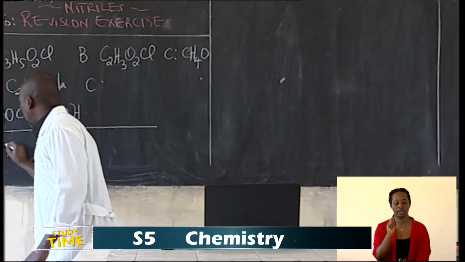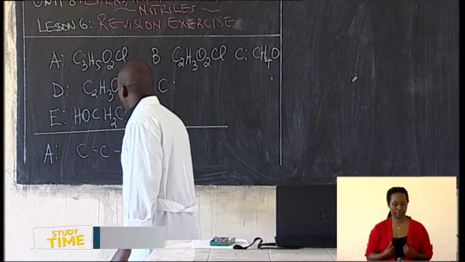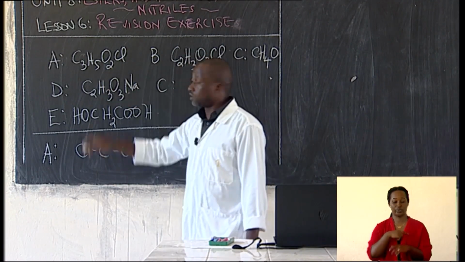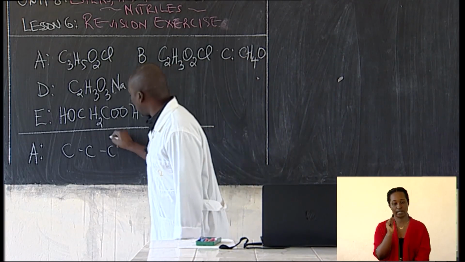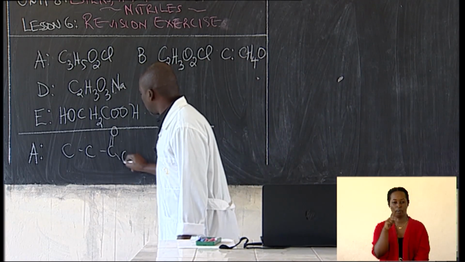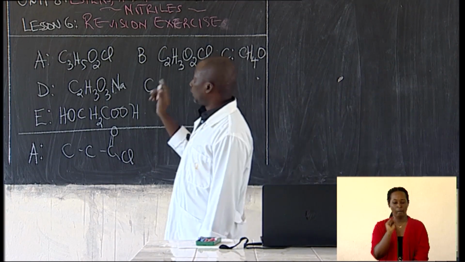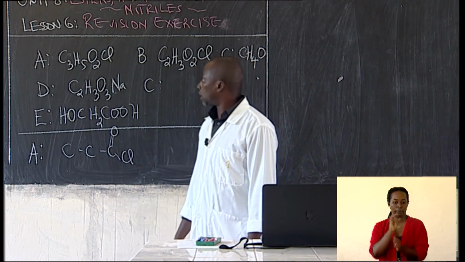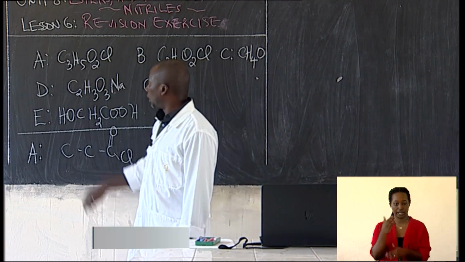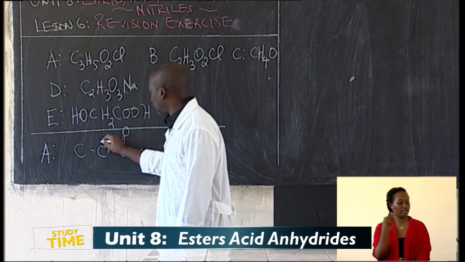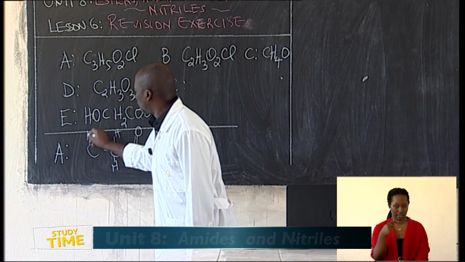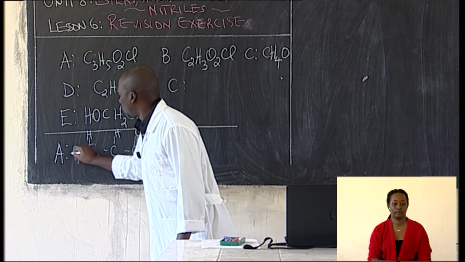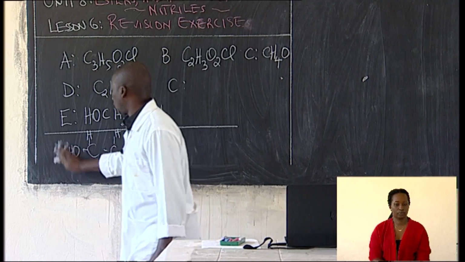So what we can do here, make sure you have your 3 carbon atoms, that is compound A. And then with compound A, you'll have the oxygen and then chlorine. It has 3 carbon atoms and 5 hydrogen atoms. So this is hydrogen, this is another hydrogen. We'll have a hydrogen with oxygen over there.